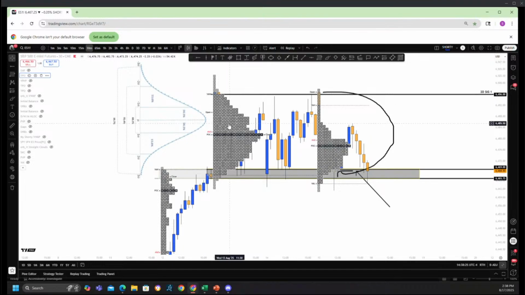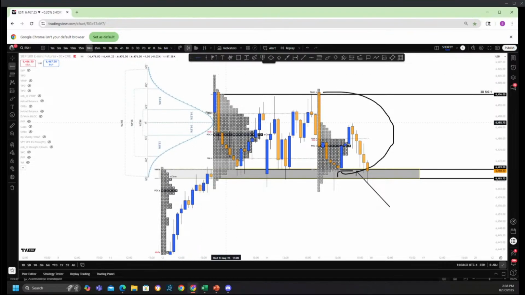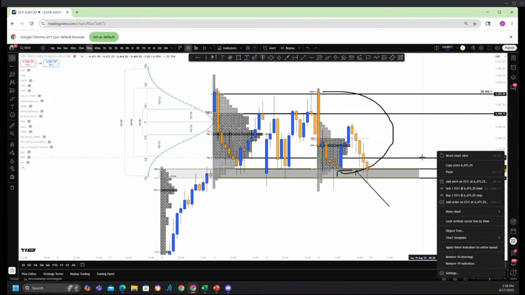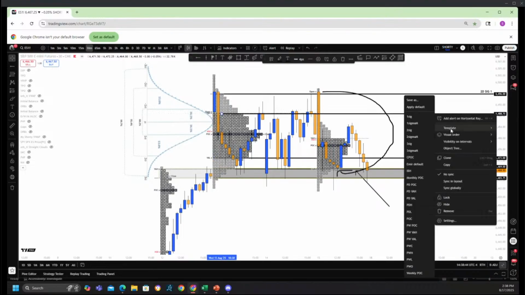It's going to compress because it's going to look where 68% of the volume was traded. And you see the value area high is right here at 89, and the bottom is right here. I have this saved so you guys can save it later. So this is our first sig.